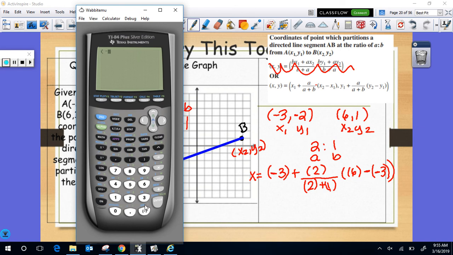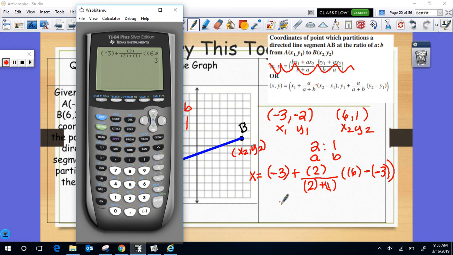So we're going to say parentheses -3, close the parentheses, plus parentheses 2 over parentheses 2 plus 1, close the parentheses, and then open your parentheses again, and you're going to do another parentheses 6 minus negative 3, close all of the parentheses, enter, and that is 3.